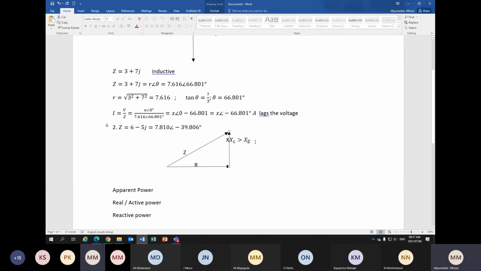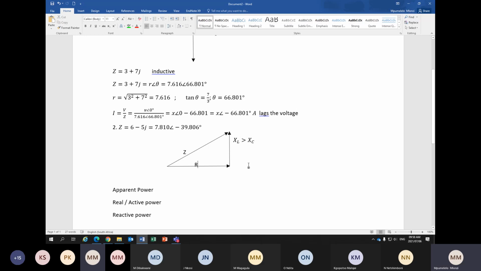If this is the case, we have this as our triangular diagram.